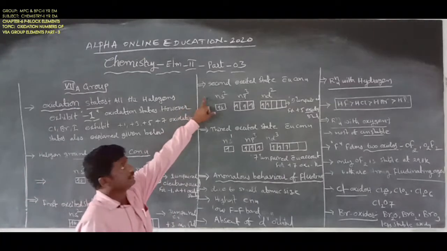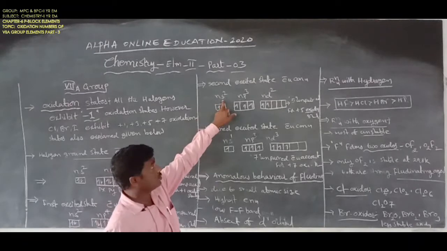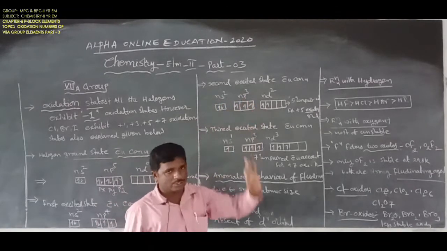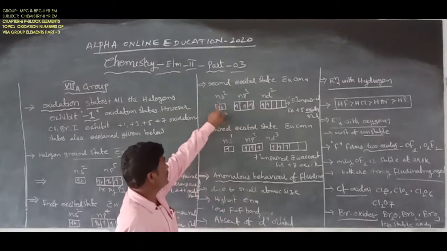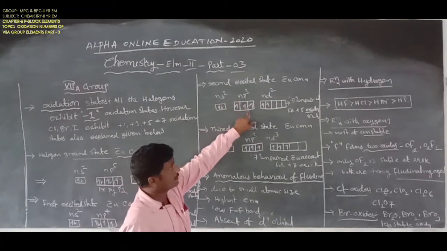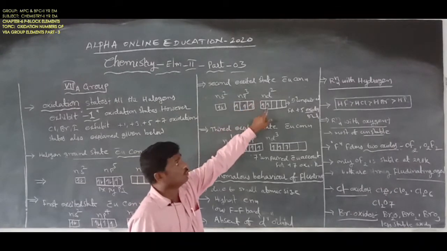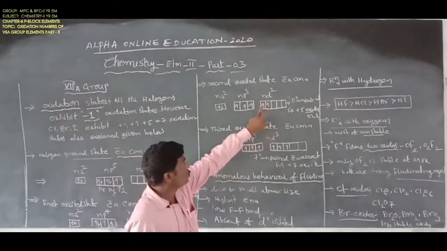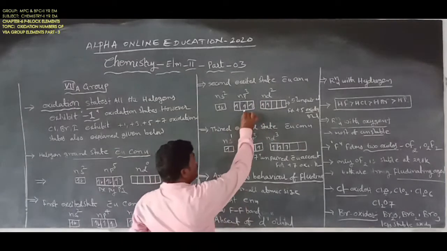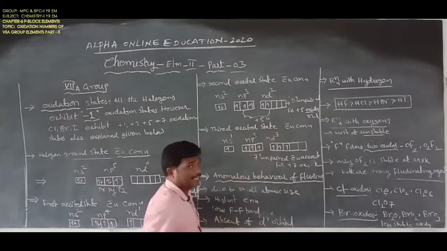The second excited state electron configuration of the halogen elements is ns2 np3 nd2. The s orbital has 2 electrons, the p orbital has 3 unpaired electrons, and the d orbital has 2 unpaired electrons. 2 plus 3 gives 5 unpaired electrons in the second excited state electron configuration.